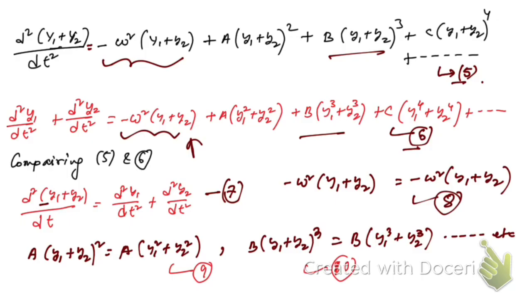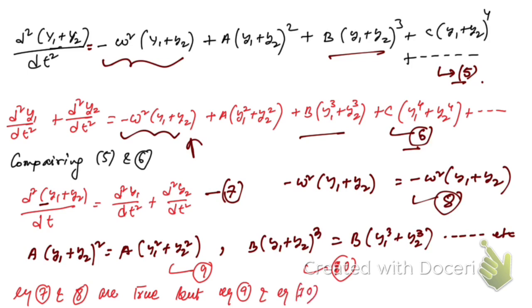So equations 7 and 8 are true, but equations number 9 and 10 are true if A is equal to 0, B is equal to 0, and C is equal to 0, etc. Right?